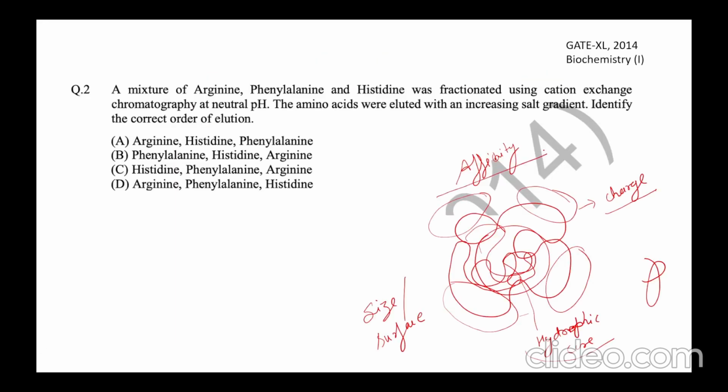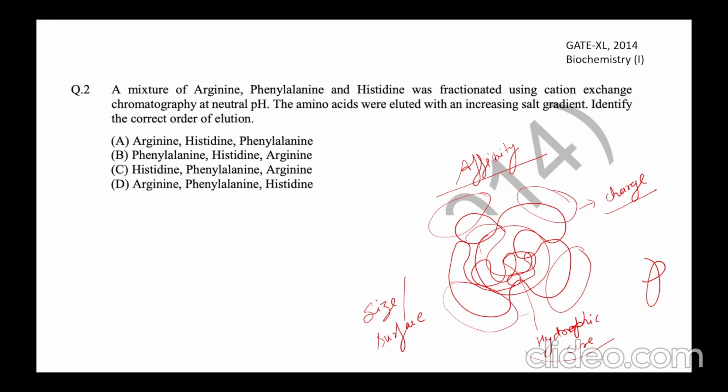Similarly, there are several affinity columns available. If your protein contains a particular residue that has affinity towards one particular bead, for example, in nickel-NTA purification the protein has 6 histidine residues which bind to the nickel-NTA columns. Similarly, for GST proteins, we do glutathione-sepharose binding and so on.